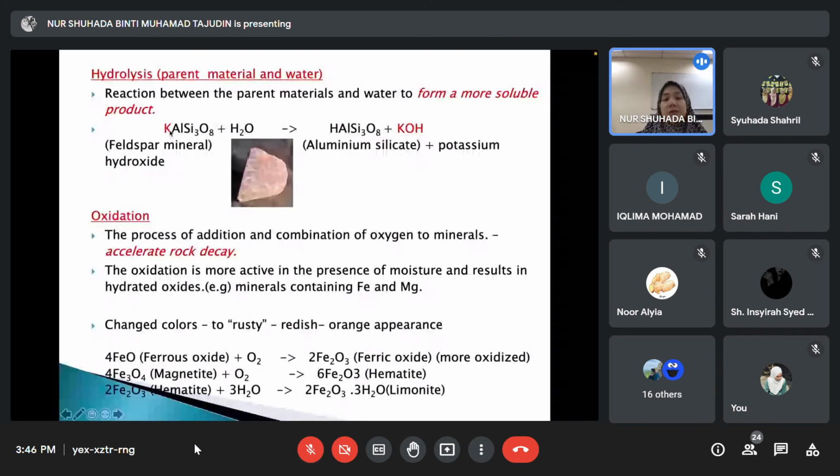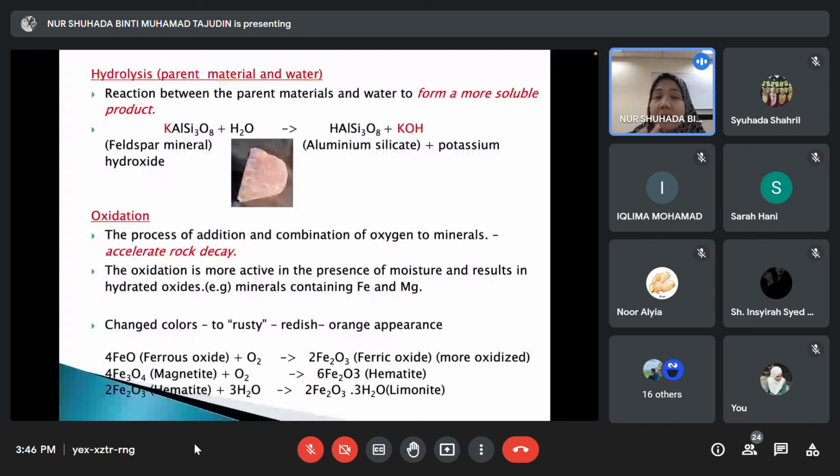Okay, the last one is oxidation. Oxidation is the process of addition and combination of oxygen to minerals. It will accelerate rock decay, meaning it will accelerate the process of weathering. Oxidation is more active in the presence of moisture and results in hydrated oxides.